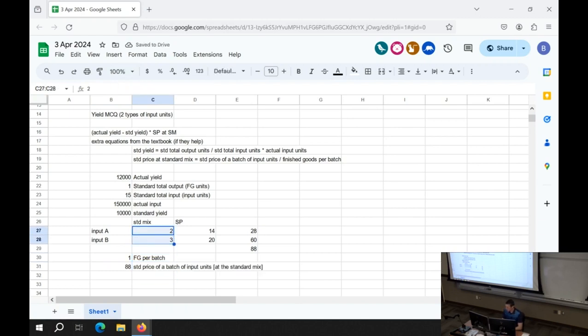So this is our standard mix. And given these prices of each input unit, we have a total price of $88 per finished goods unit from all these input units at the standard mix. So this divided by that is our standard price at standard mix.